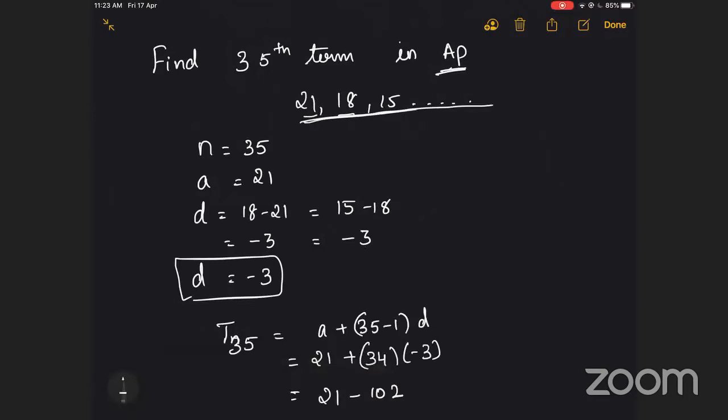So I hope everybody understood how to use the particular formula of AP, Tn. Let us see some more examples of how we can use this formula in different ways.